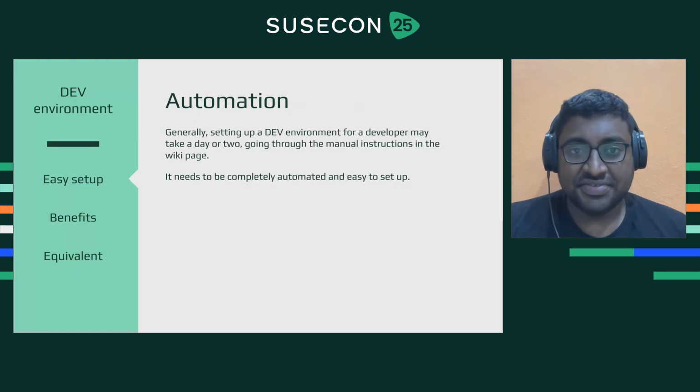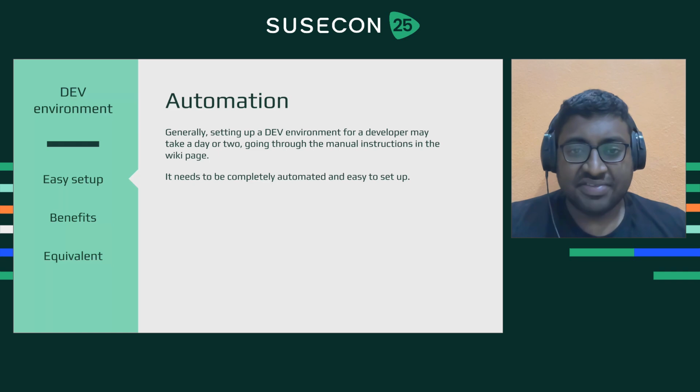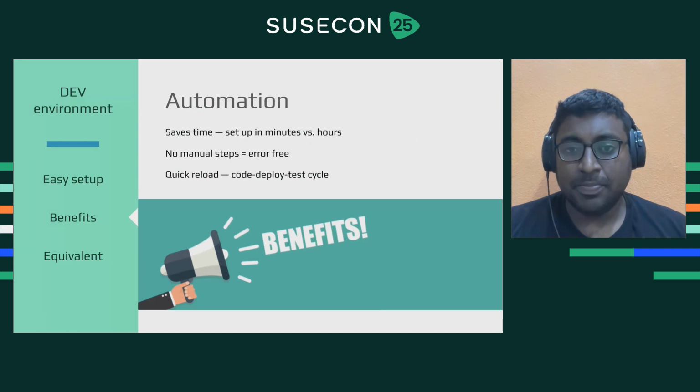So how does automation help in setting up a development environment? Generally, as I've said, following manual instructions is a little painful for developers, and using automation it can be completely easy to set up, which also means that instead of hours, you can set up the entire dev environment in a few minutes.